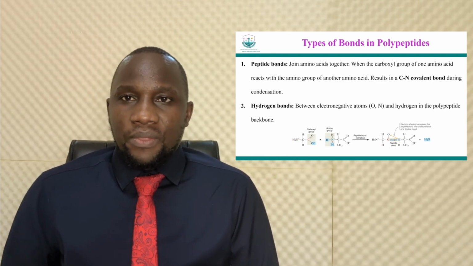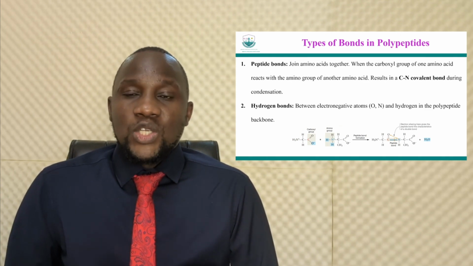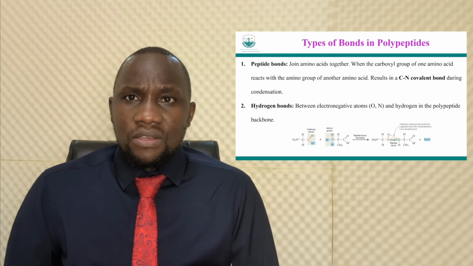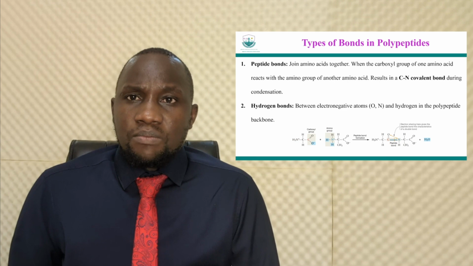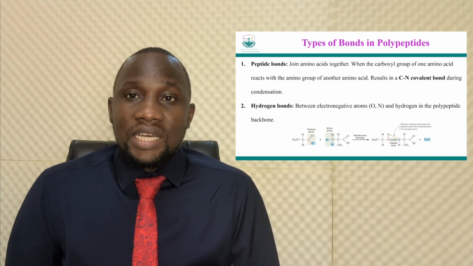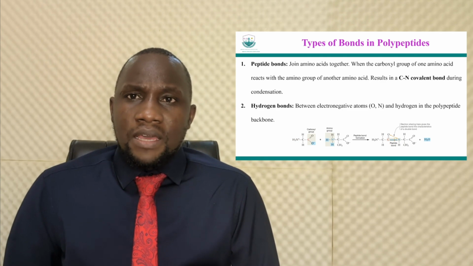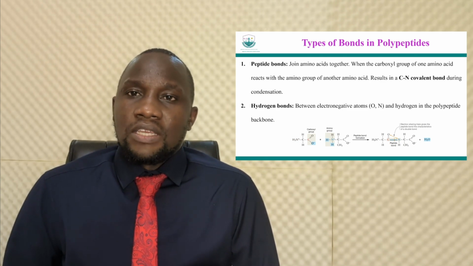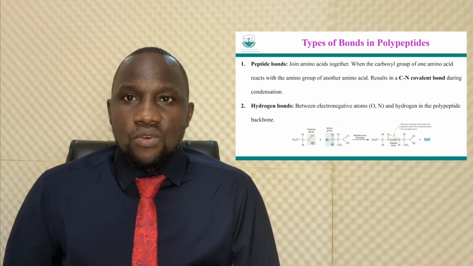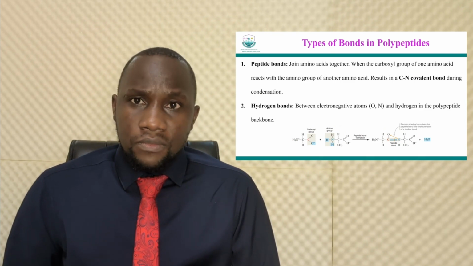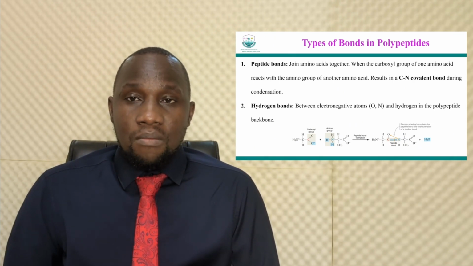That's when you form the peptide bonds. These peptide bonds are actually covalent in nature. The meaning of this is that they share electrons. So these bonds are actually between the carbon atom and the nitrogen atom. And usually it results in loss of water, and that's why we say it is a condensation reaction. The second type of bond is hydrogen bonds.